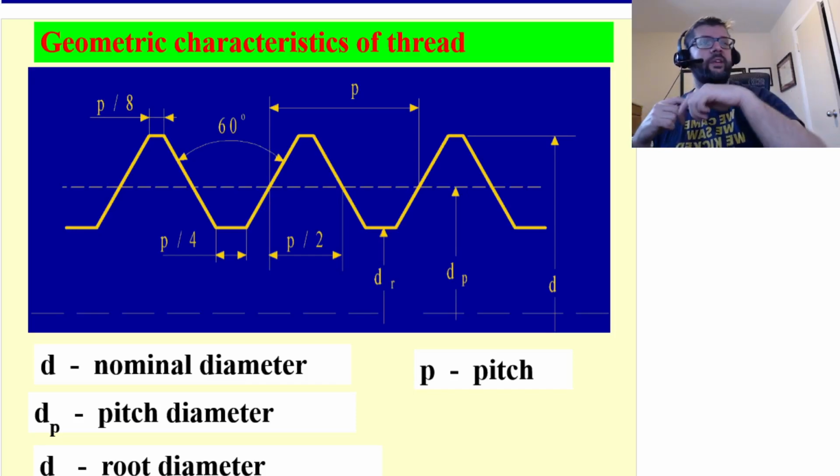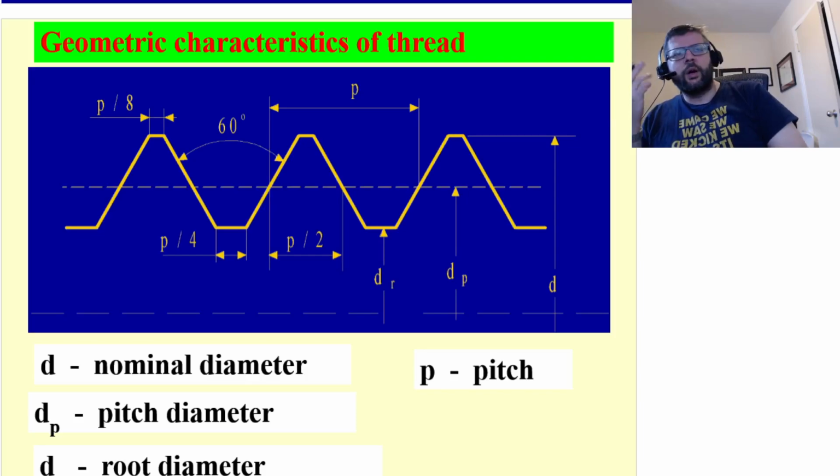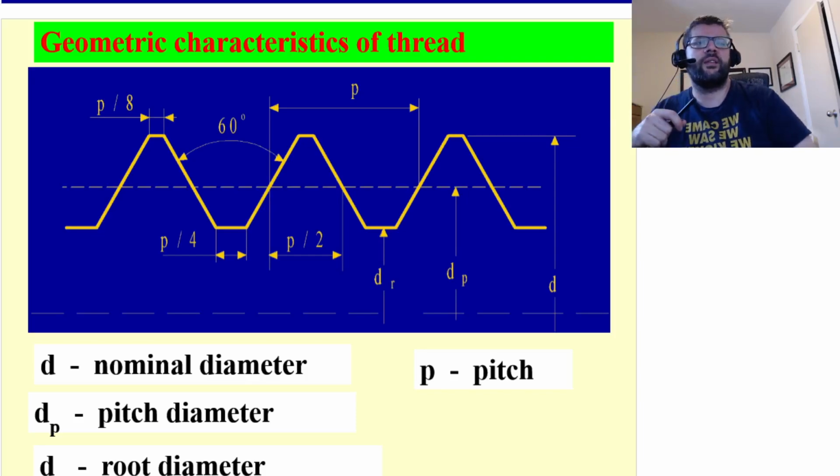So we've got a few important things. Nominal diameter and the pitch are usually what you're going to be using to define a standard bolt. The nominal diameter is measured from the outside edges of the threaded portions.